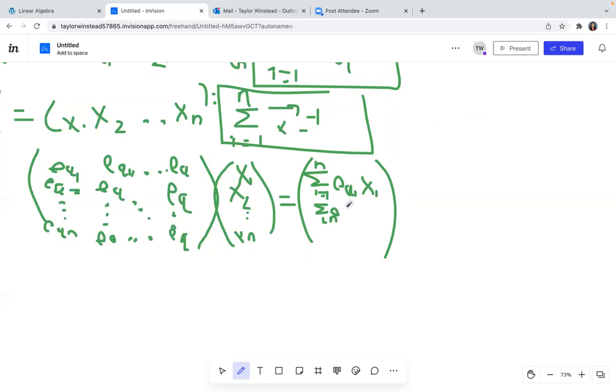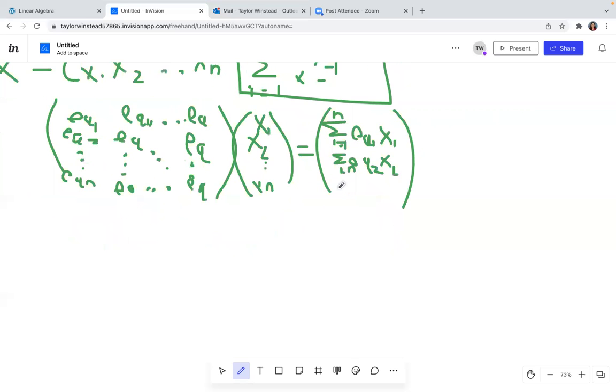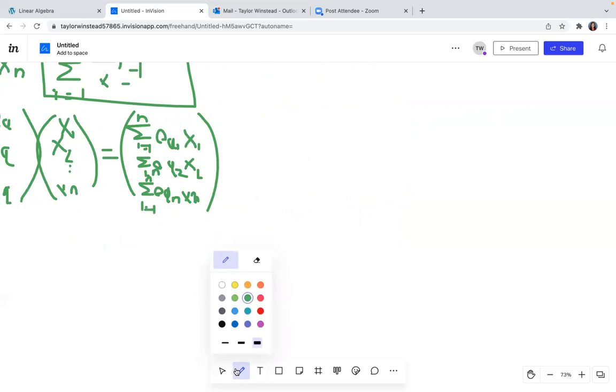Then we get the sum of EQ2 times x2 until they equal n, and EQn times xn. That's the way that you write this multiplication.